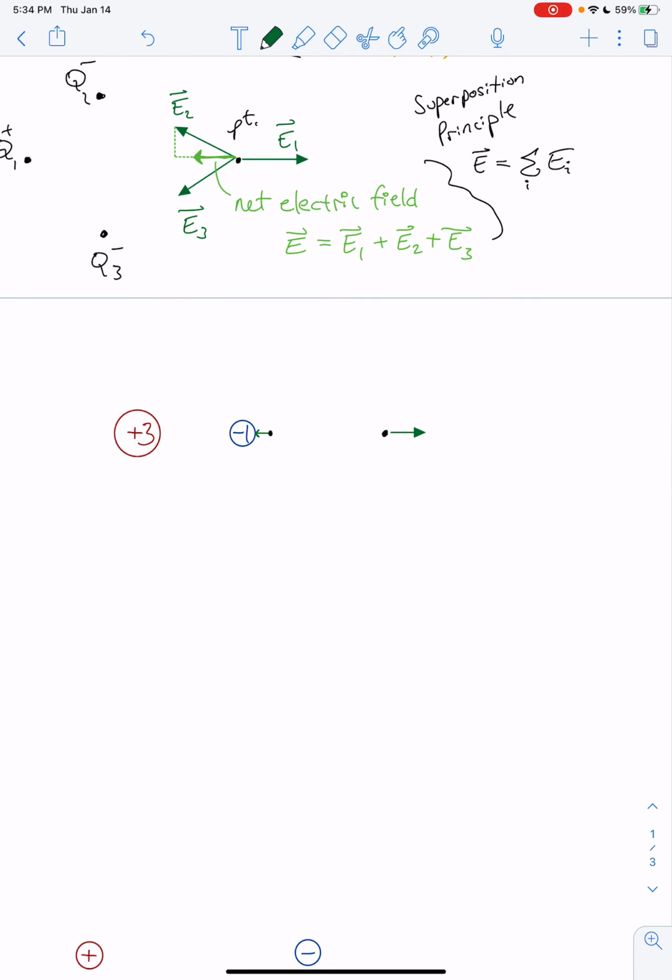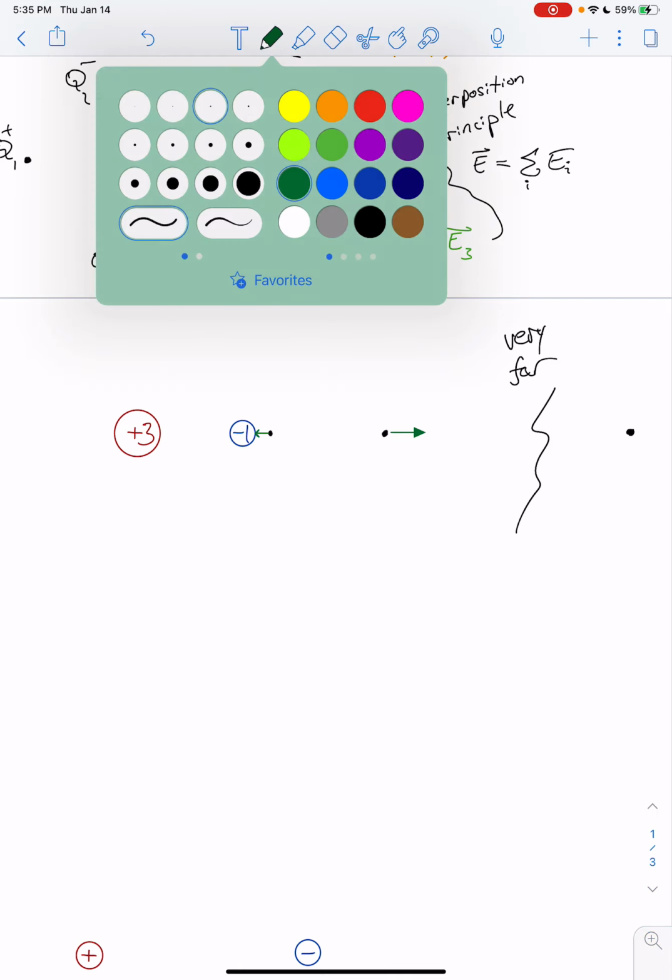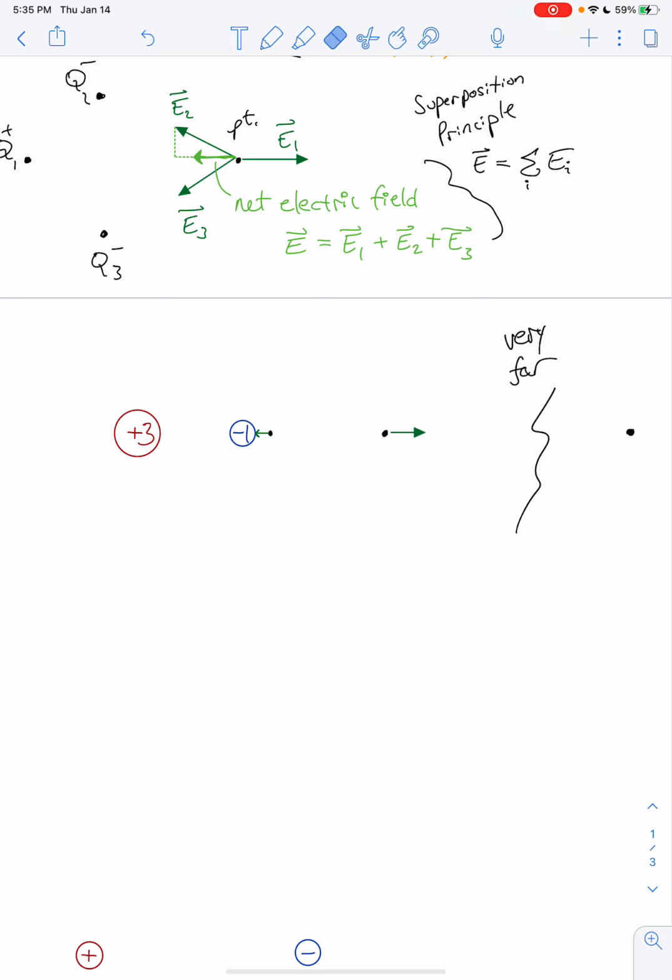Now, if you're really far away, we could say this is not linear, this is very far. So at some point you're very far away, draw a point here, and you could say, well, what does this combination look like? Well, you're definitely going to have a field that is towards the right. Let me just draw this. Okay, so you're definitely going to have a field that is to the right.